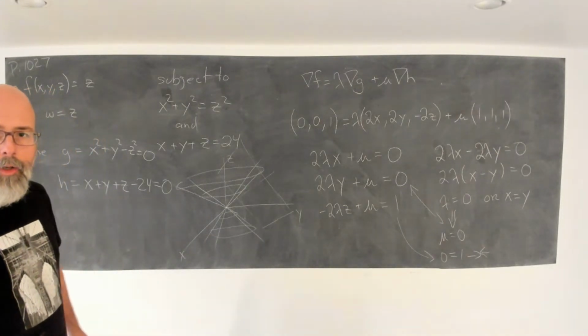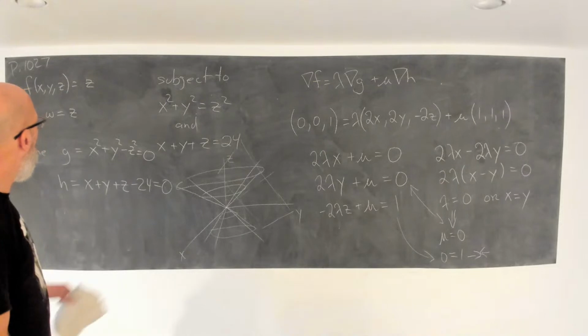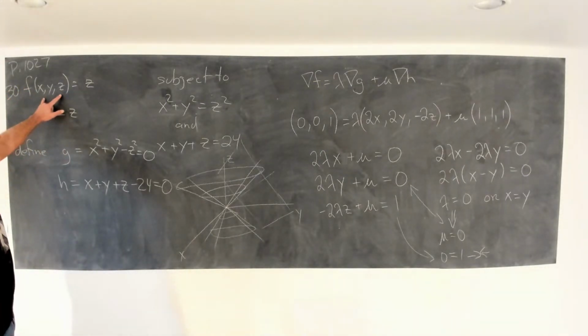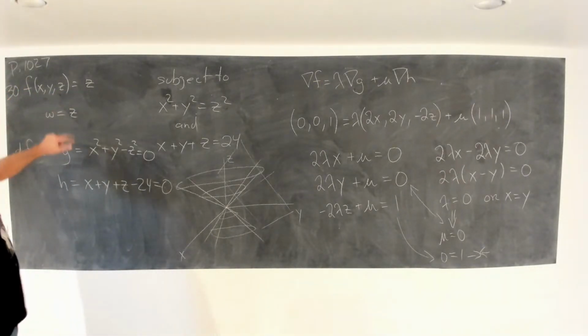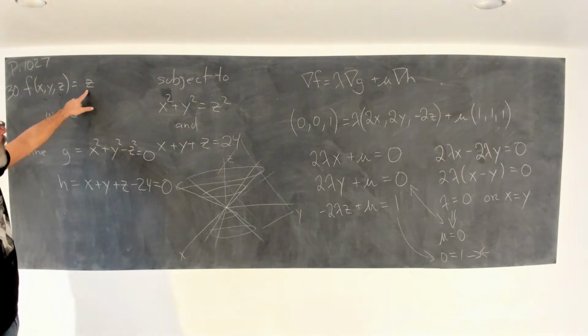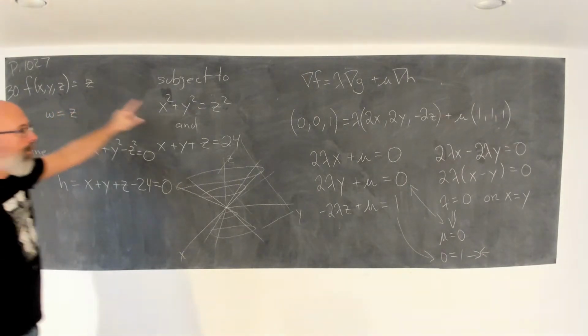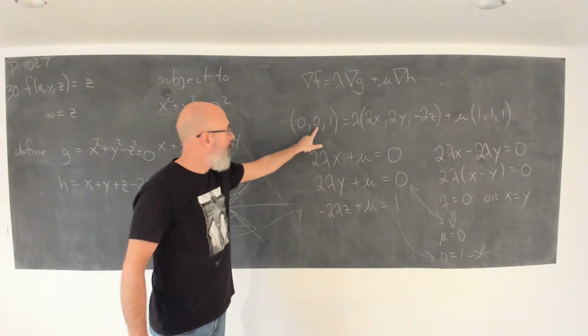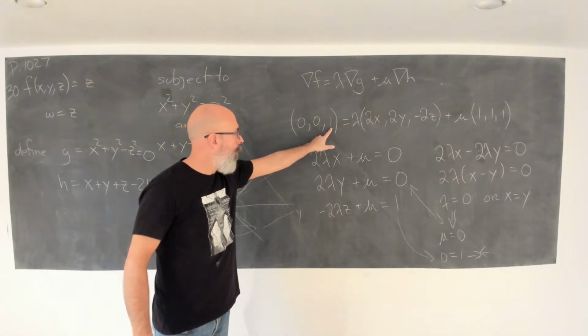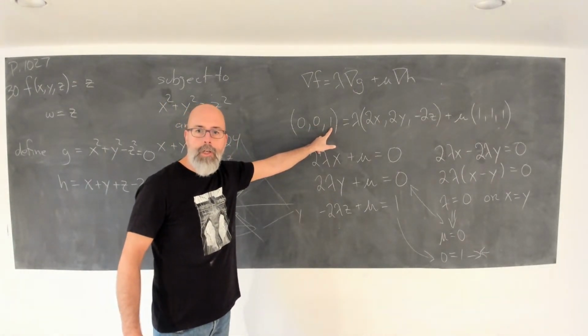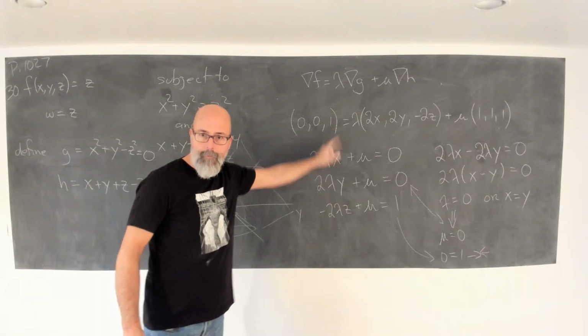Why 0, 0, 1? Well, it's the gradient of f, right? So partial derivative of f with respect to x, which is 0. Partial derivative of f with respect to y, which is 0. Partial derivative of f with respect to z, which is 1.